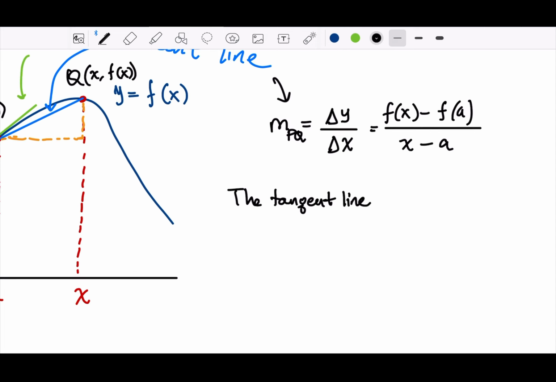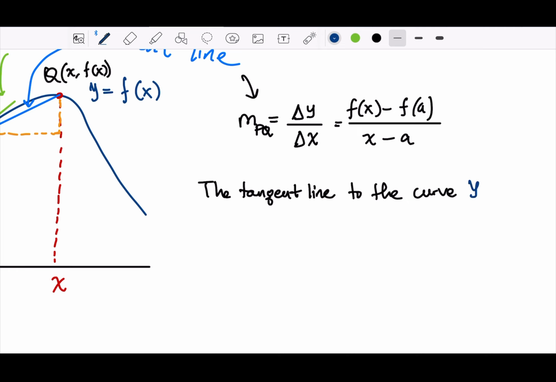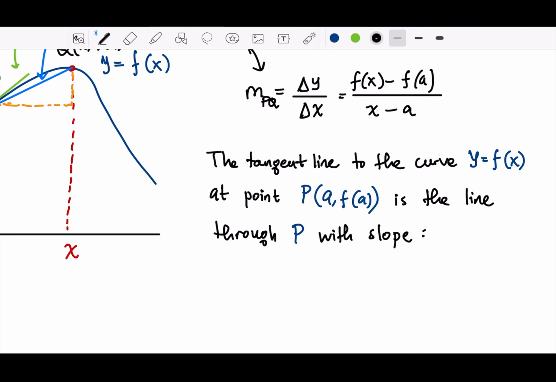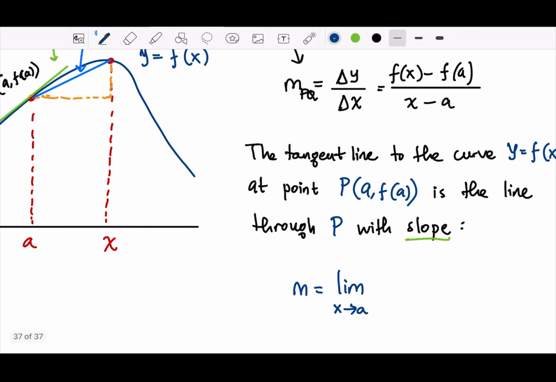Let me write: the tangent line to the curve y equals f of x at point P(a, f of a) is the line through P with slope m, which is the limit as x approaches a.